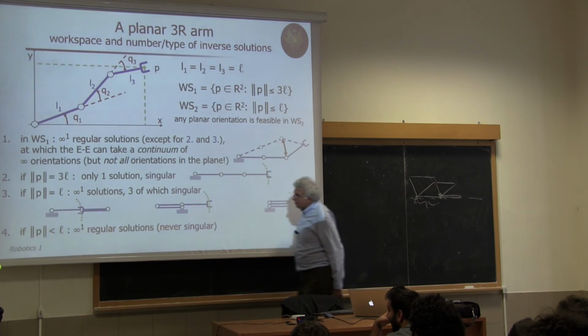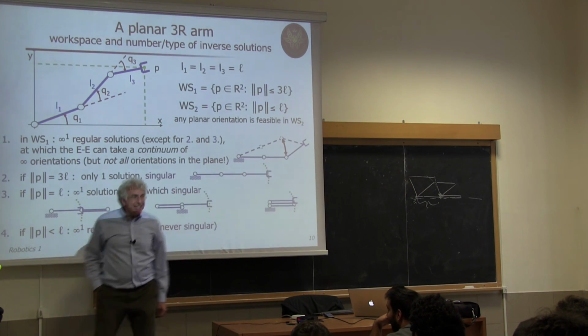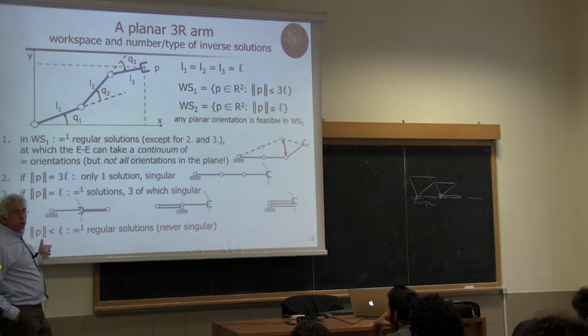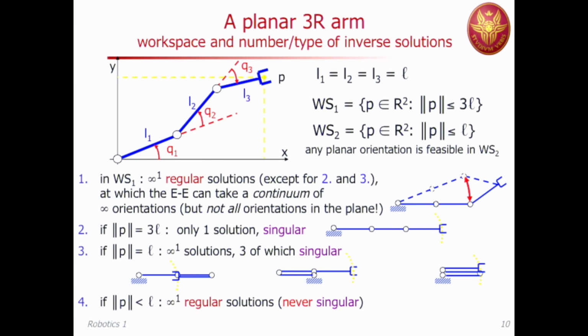Finally, pay attention. If you are strictly inside the secondary workspace, so this norm is strictly less than L, then again you have an infinite number of solutions, and all of them are regular. So when you're close enough to the base of this planar 3R robot, no matter what you do, you can go everywhere with your end effector.